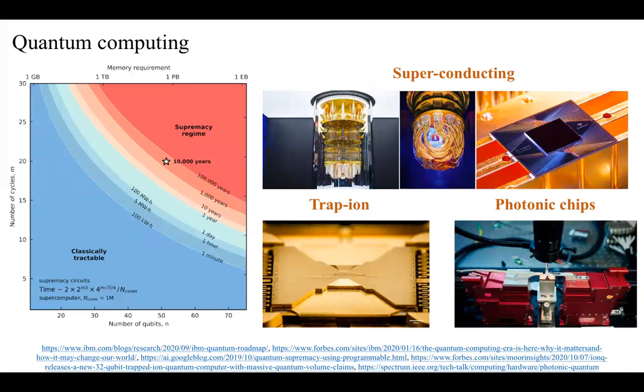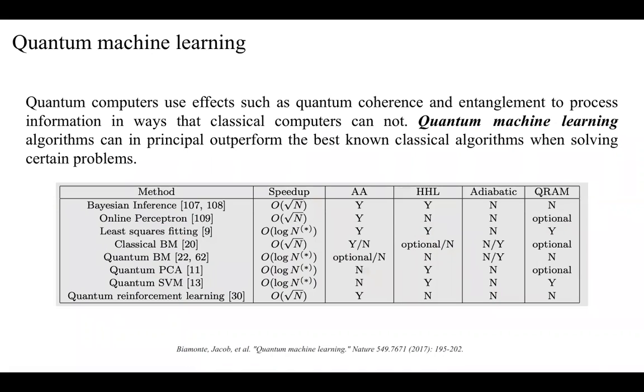Quantum computing is a central technique in computer science. In particular, it can efficiently solve certain tasks that are computationally hard for classical computers. And in quantum computing, a central application is quantum machine learning. Quantum machine learning algorithms can, in principle, outperform the best-known classical algorithms when solving certain problems.